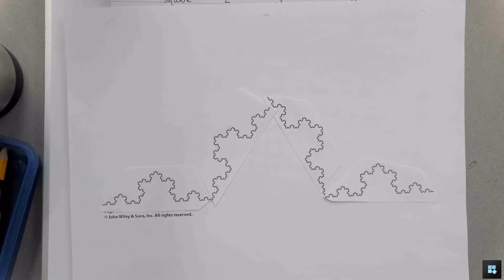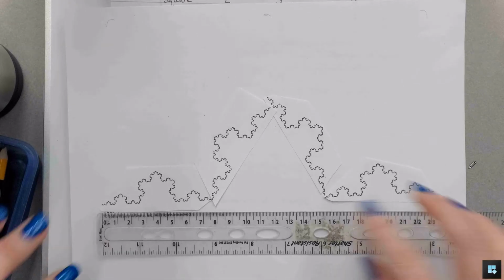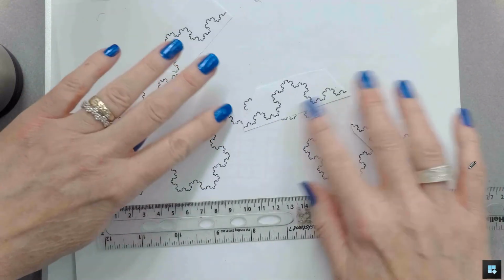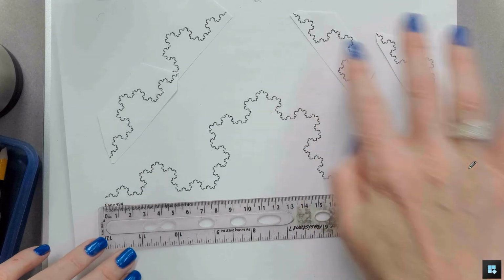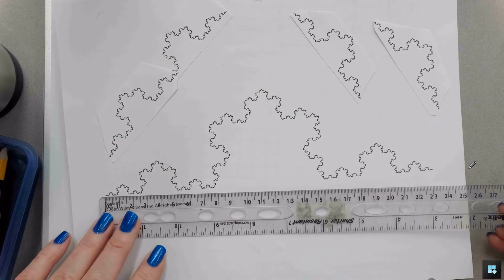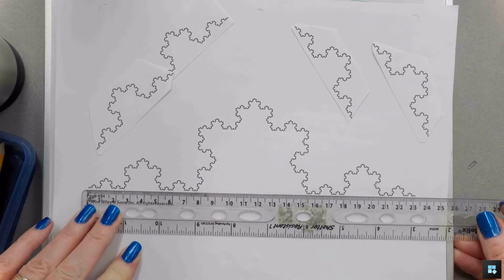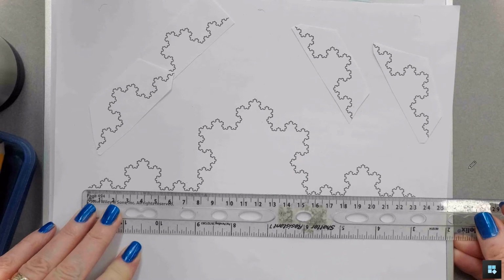So we'll measure with a ruler. We'll just measure length. It's not a very nice measurement. It's 23.2.